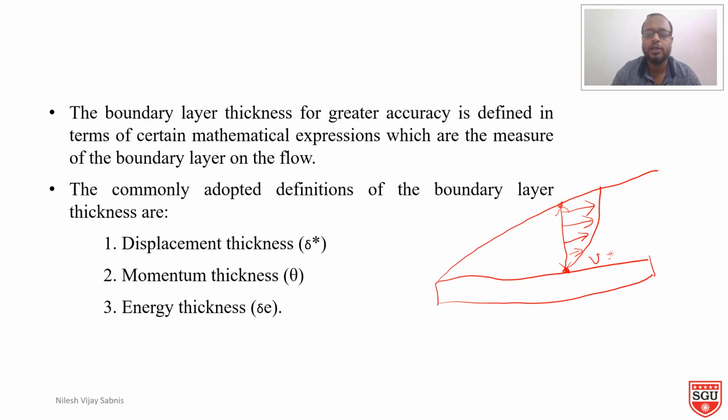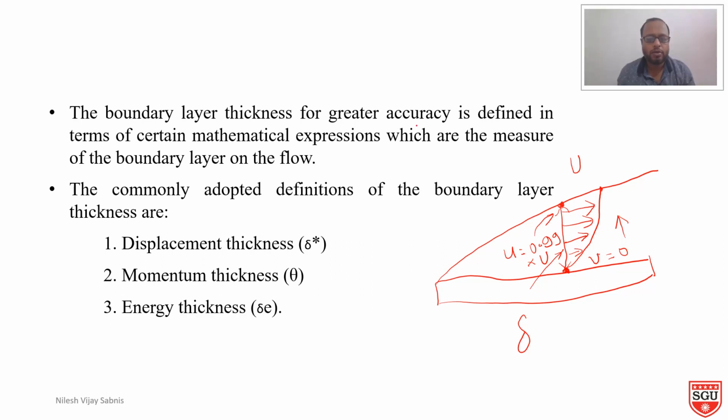Here small u is equal to 0, and gradually that u goes on increasing, and at this point you will find u is equal to 0.99 multiplied by capital U. That means at this point the velocity of the fluid is almost equal to the mean stream velocity. And this distance is nothing but the boundary layer thickness, denoted by delta. This distance delta is the vertical distance, as we have defined already.